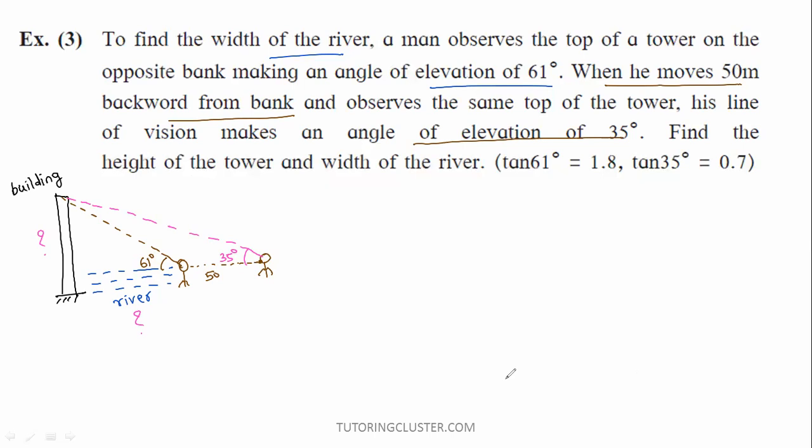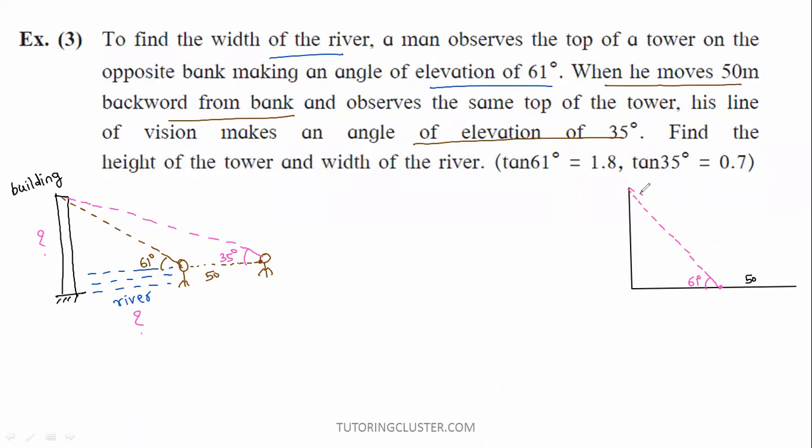Let us try to make the line diagram out of it. So see here, there is a building. At first, consider observer is here. This is the top of the building. So this angle, how much is it? 61 degree. Now when he moves 50 meter backward, this is your 50 meter.